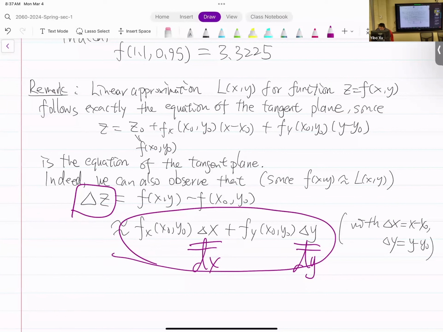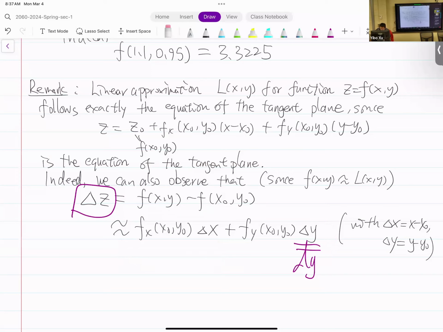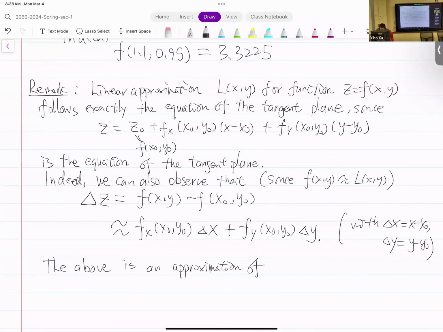What we express here is that the exact change in the output is approximately the differential that you write at the point, and the differential once again relates to the linear approximation. So this is approximately equal, but not exact. The above is an approximation of delta z using linear approximation.